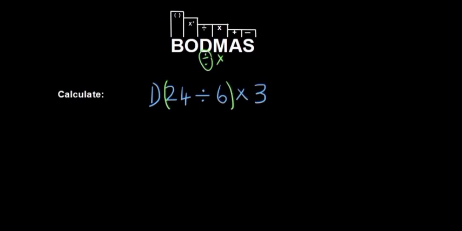So that means we're gonna divide 24 by 6 to get a 4. And now that division is gone. Next, we'll multiply 4 by 3 to get a 12. And the multiplication is gone. So this is the final answer.